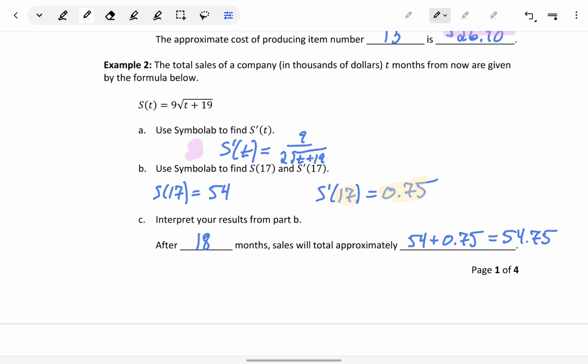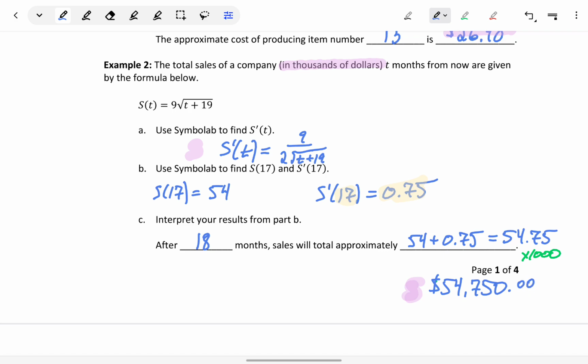But then the very last thing that we need to take into account here is that this is total sales in thousands of dollars. So we need to take that result times 1,000 to get that our approximate for our total sales after 18 months would be $54,750.